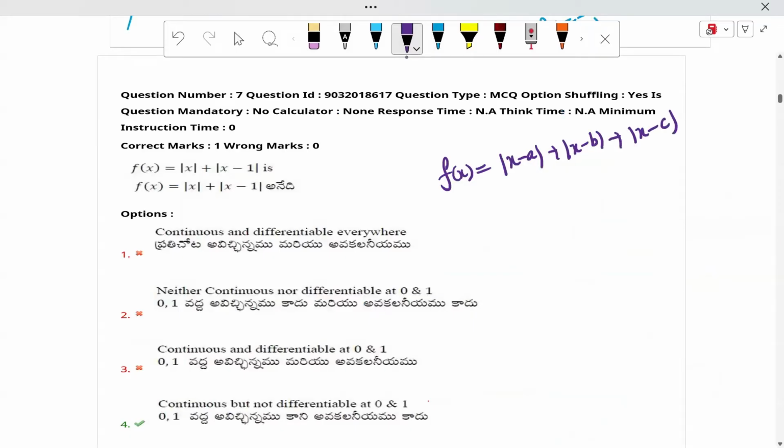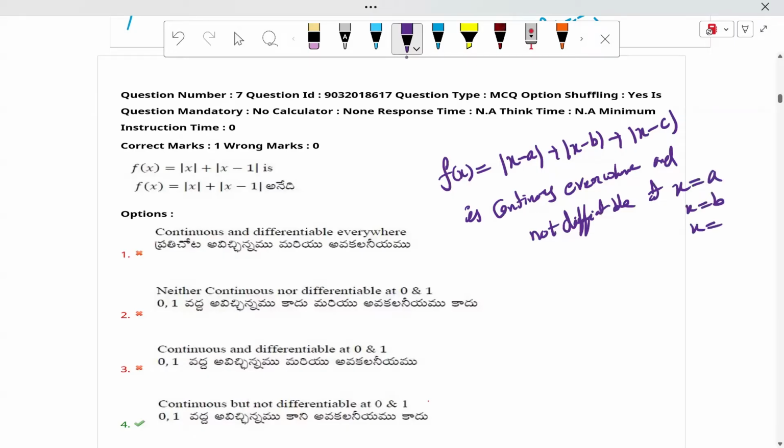This type of question is continuous everywhere and not differentiable at x is equal to a, x is equal to b, x is equal to c.